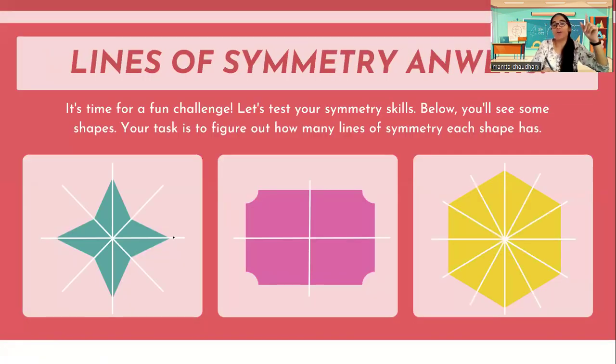Now you can see these lines of symmetry, 1, 2, 3, 4. In this, you can draw 4 lines of symmetry. Here, you can draw 2 lines of symmetry. Here, you can draw 1, 2, 3, 4, 5, 6 lines of symmetry, right? Because further, this line will be this one only. So here you can draw 6 lines of symmetry.